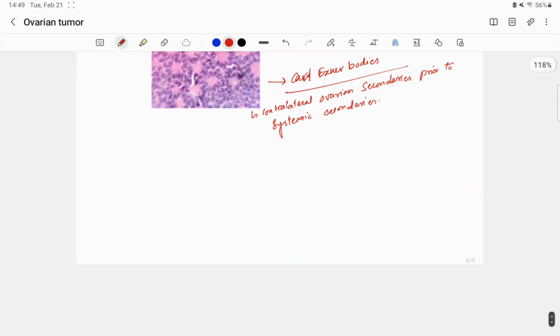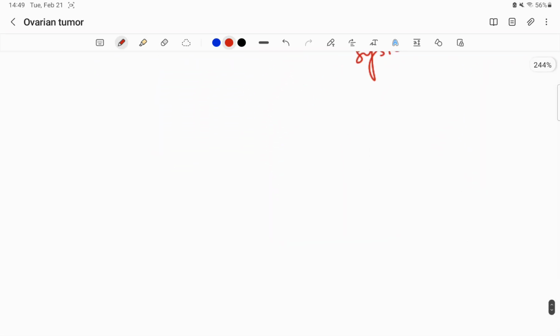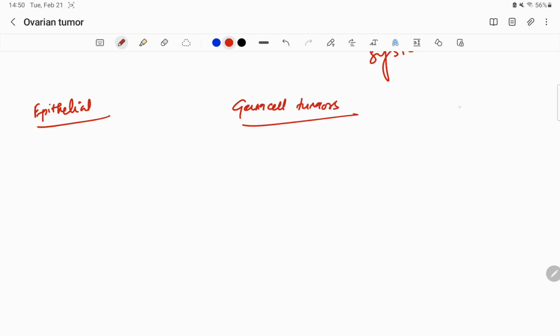So coming to the summary of the classification and subtypes, you have epithelial tumors, and you have germ cell tumors, and finally you have sex cord tumors.